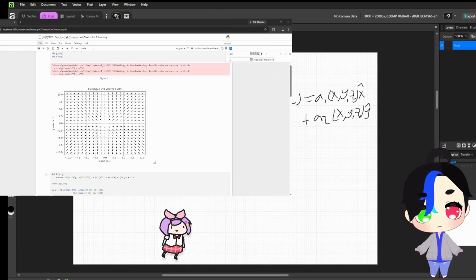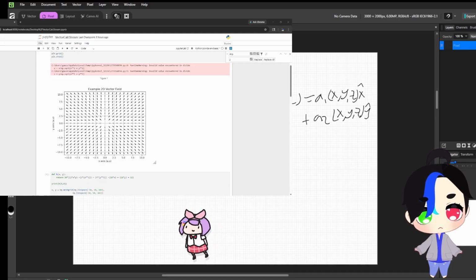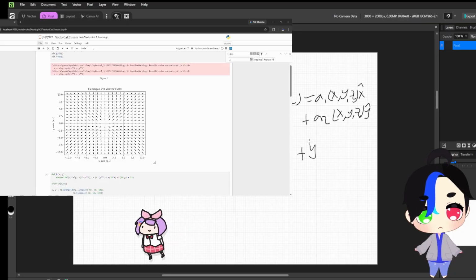So this specifically is the vector field representing the equation vector equals x hat plus y hat.